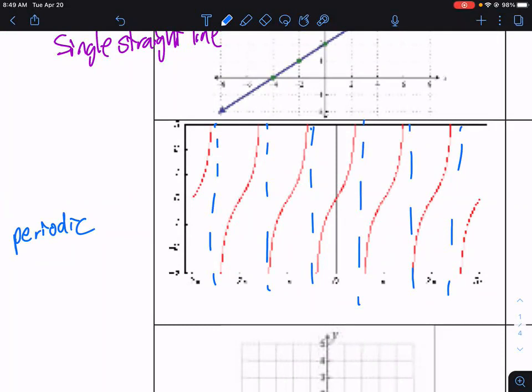But periodic tells you it's trig, and we've got 6 trig functions: sine, cosine, secant, cosecant, tangent, cotangent. We've got multiple vertical asymptotes, so that rules out sine and cosine, because sine and cosine don't have vertical asymptotes.